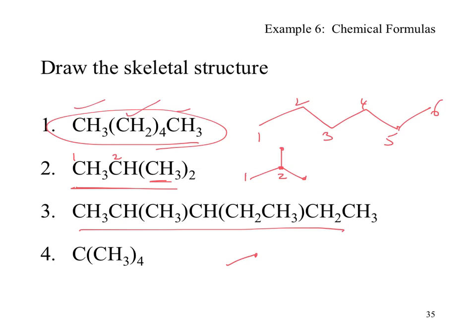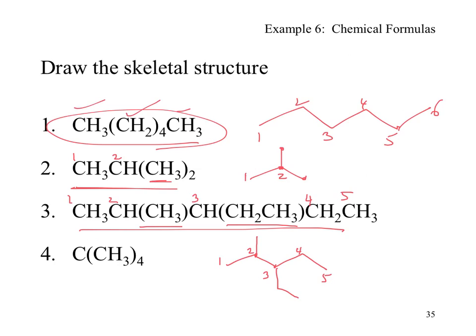Let's take a look at 3. On the carbon you have a methyl, and then you have another carbon, so 1, 2, 3, 4, and 5. Notice everything that's in parentheses, I did not number that. So your chain is 1, 2, 3, 4, and 5, and on 3, you have an ethyl group.